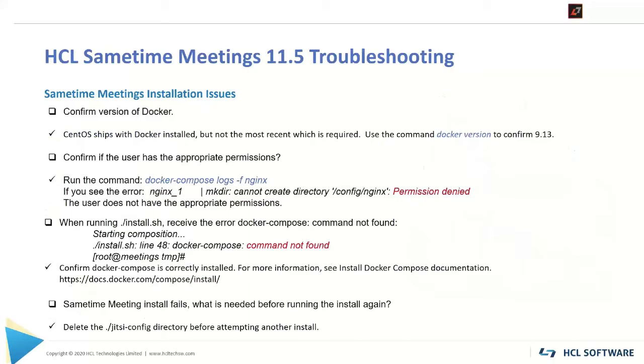So let's dive straight into the 11.5 meetings troubleshooting itself. So the primary installation issue around Docker, Kubernetes is different, right? We kind of expect that you, from a Kubernetes standpoint, are very familiar with where you're going to deploy it.